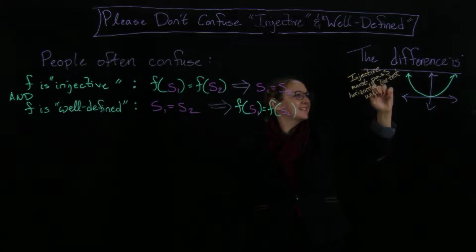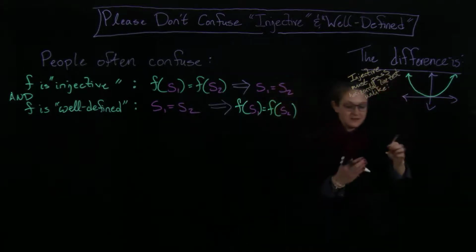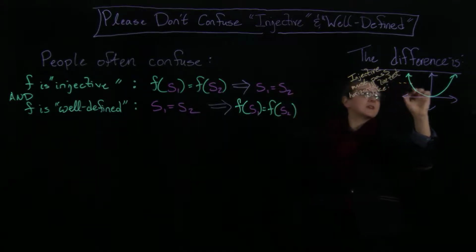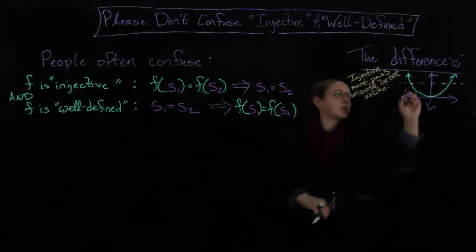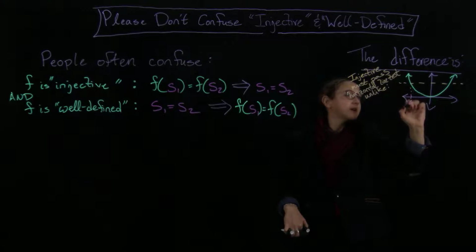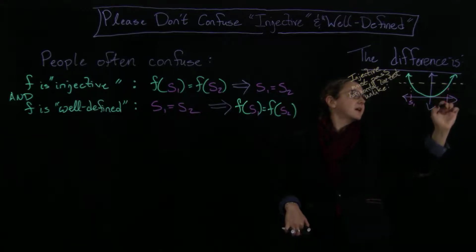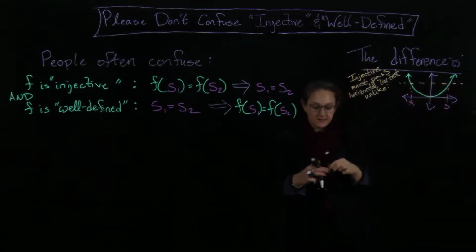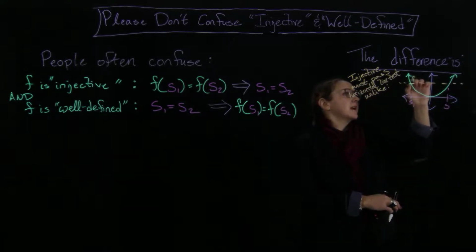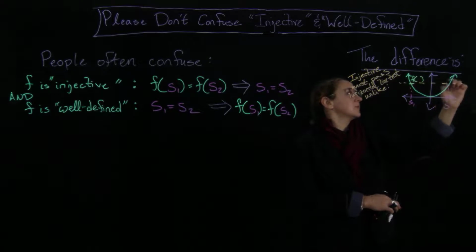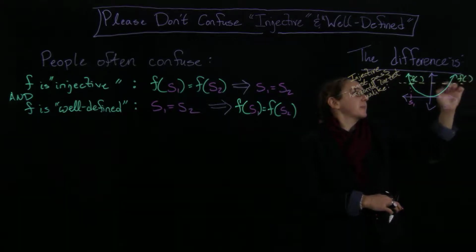What is a horizontal line test really telling you? It's telling me I had the same output for two distinct inputs. I had S1 and I had S2, and precisely where I failed here is where this height F of S1 is equal to this height F of S2.